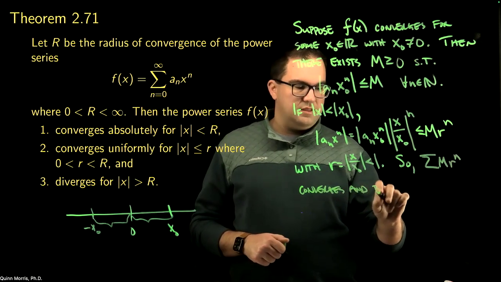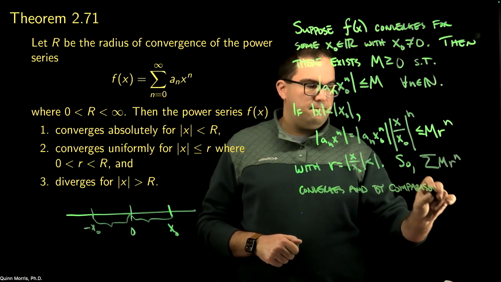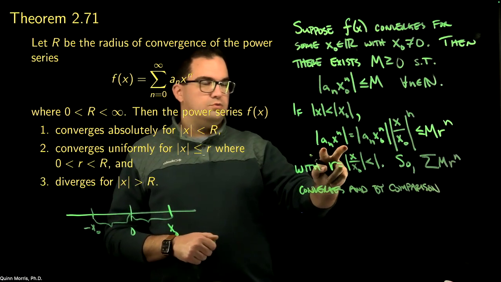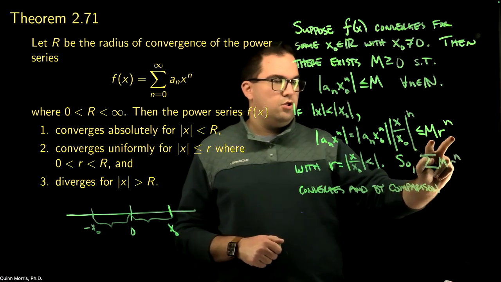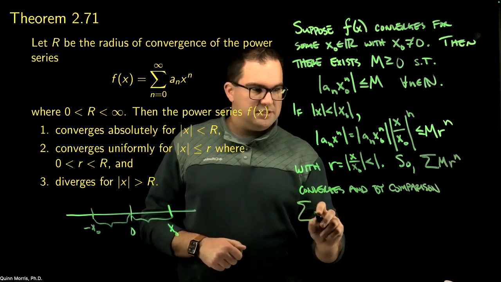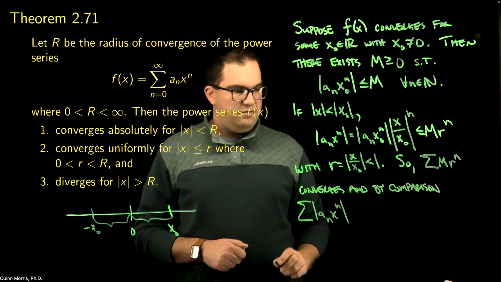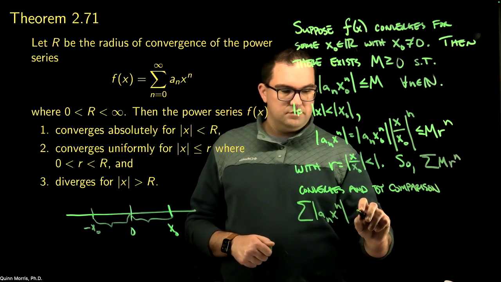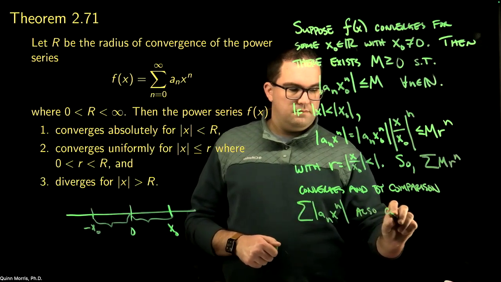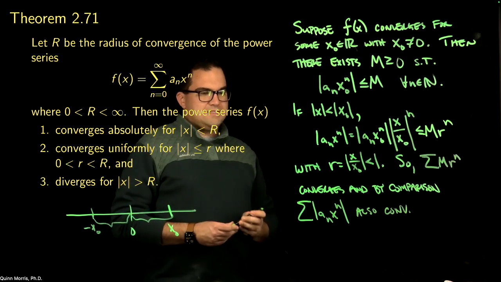And by the comparison theorem, the terms in this series are strictly smaller than this. So, and by comparison, we get the sum of these. This also converges. And so what is that telling me?